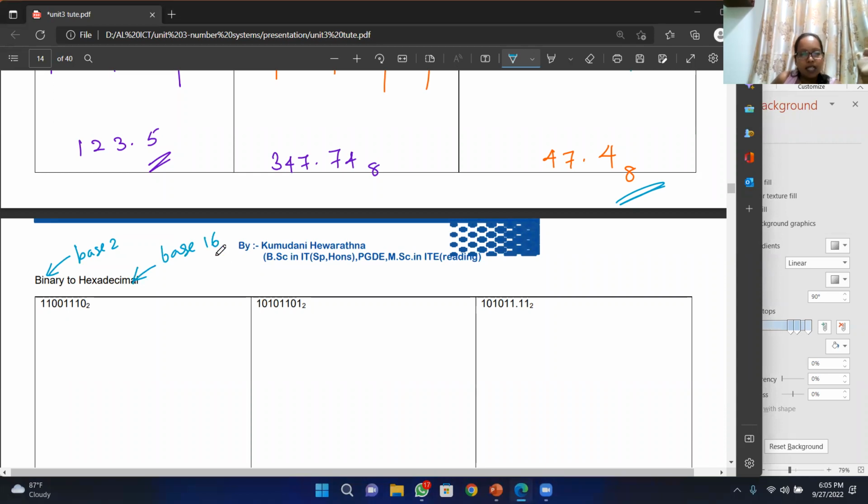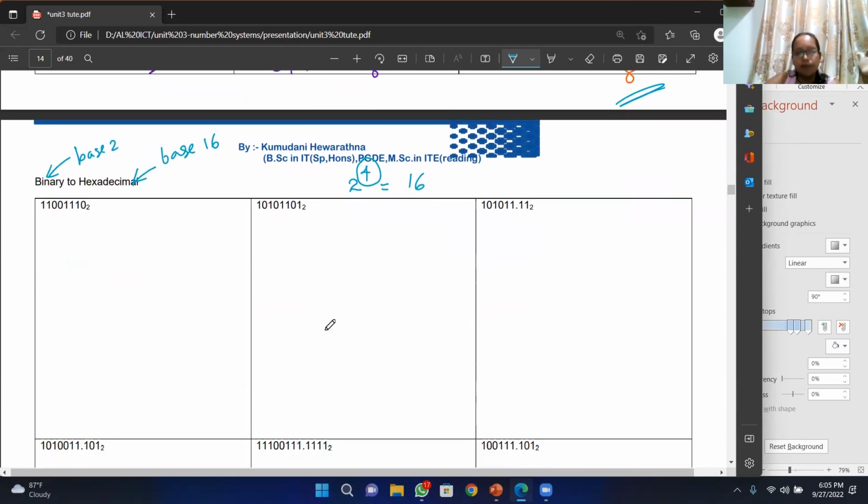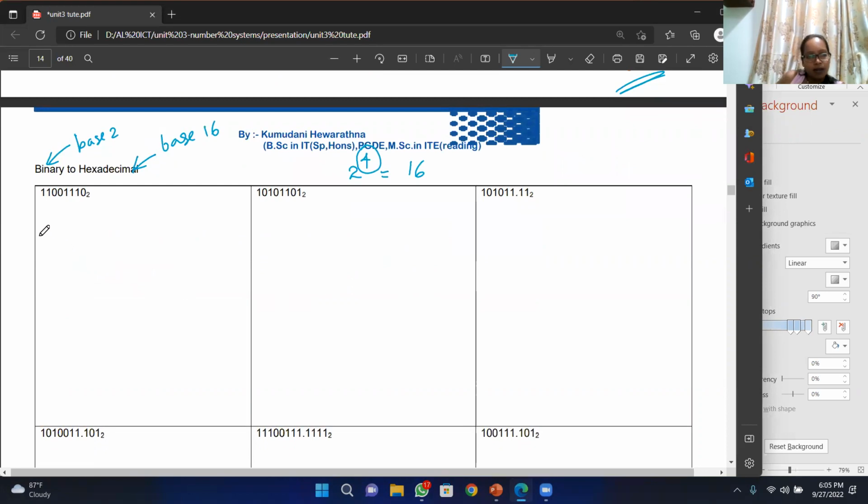What is the relation between 2 and 16? 2 to the power 4 is equal to 16. So just take 4 here. Using that relationship, we have to divide the given number 4 by 4.